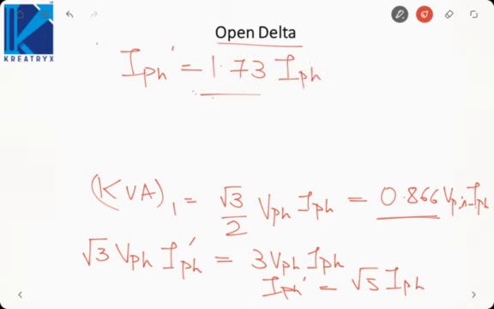So it is 73% more as compared to delta delta type of connection. So if you are supplying the same load as the delta delta connection, then you have to draw 73% more current from the source, due to which each transformer will be loaded with an additional current of 73%. Due to this, the windings may get overheated and damaged. So that is a dangerous thing if you want to supply the same load as the delta-delta transformer.